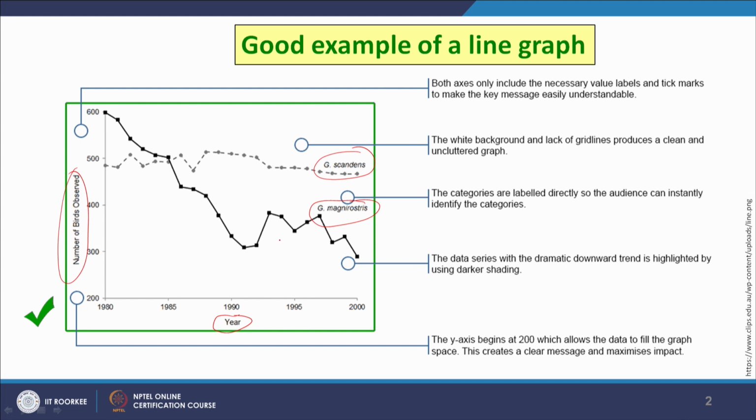So, instead of starting at 0 you can start with the nearest value or less than that value. Similarly, for the top value, one should not, by default, plot between 0 to 1000, because then these two line graphs will squeeze further and no differentiation would be possible. So, it is a good example of a line graph.